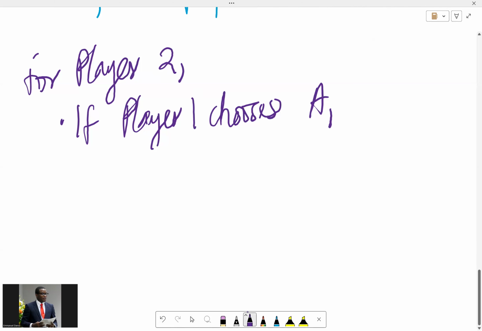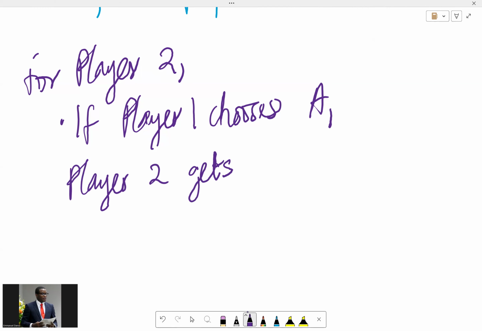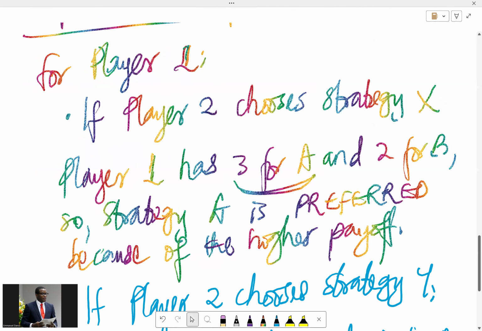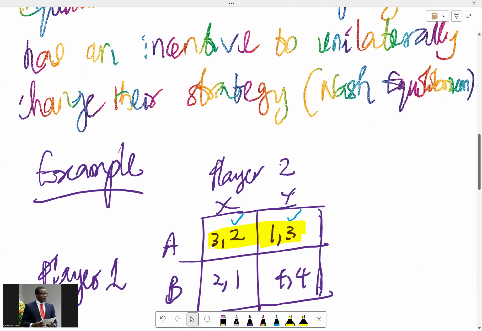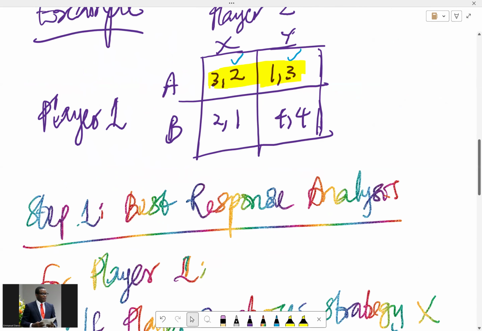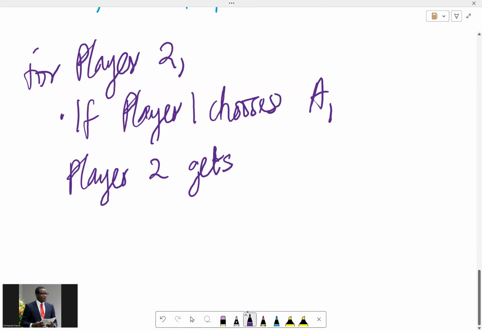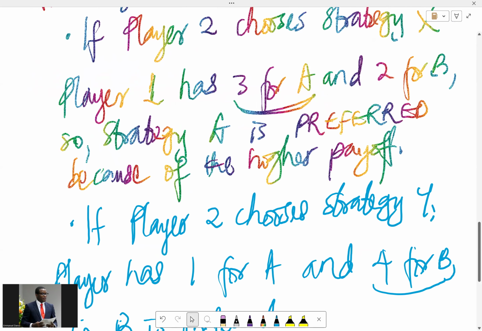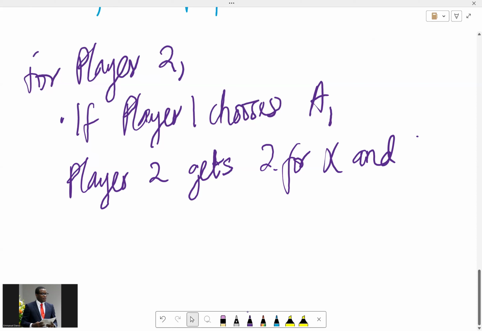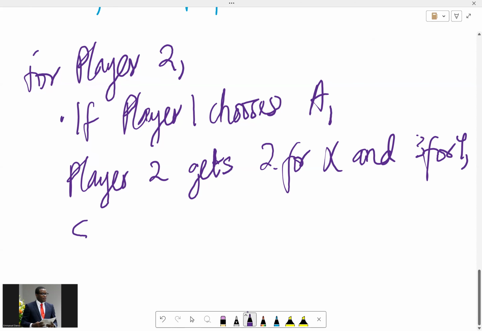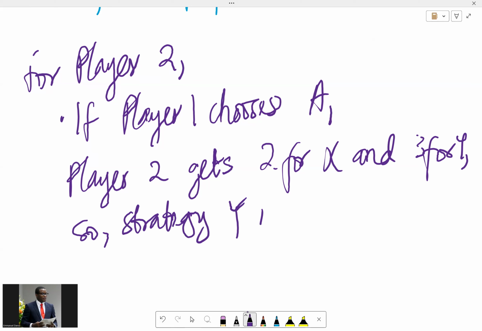If player one chooses A, player two gets two for playing X and three for playing Y. So strategy Y is preferred.